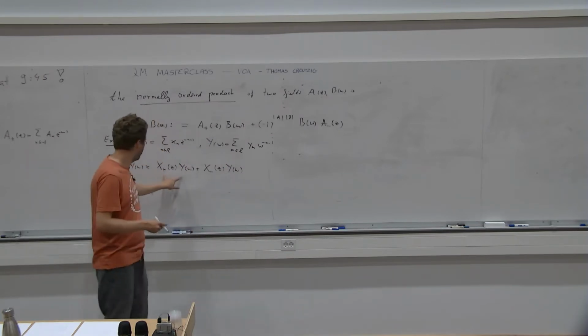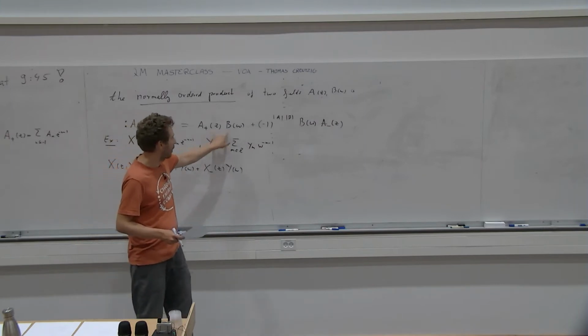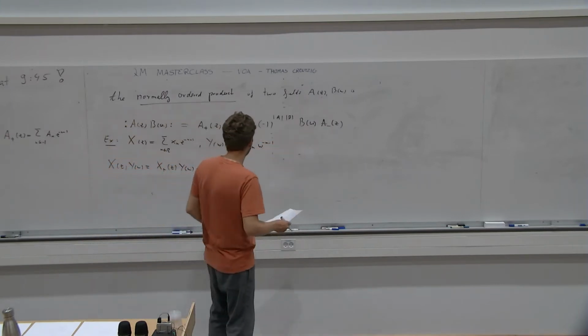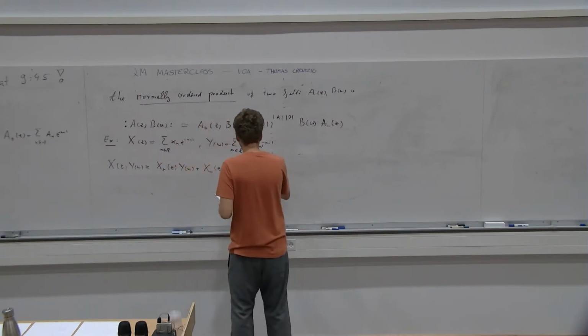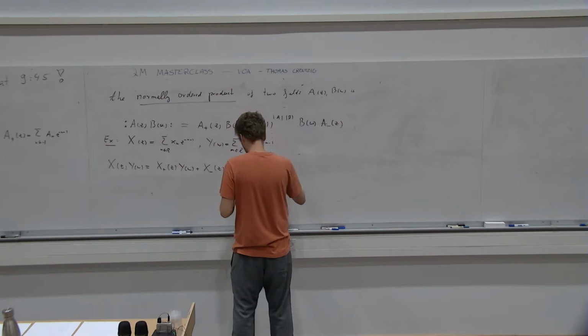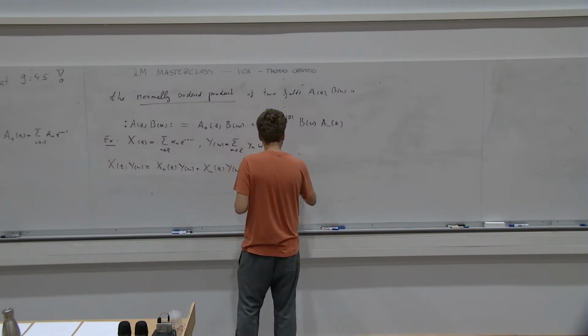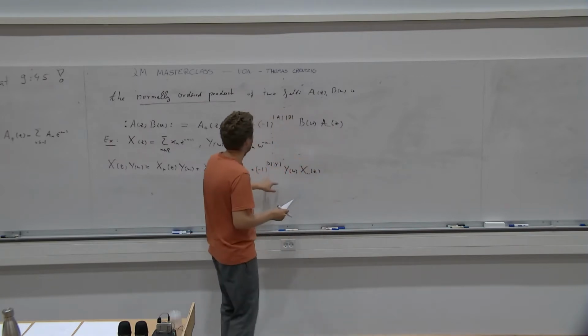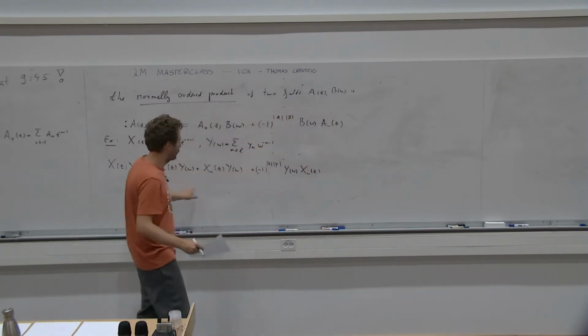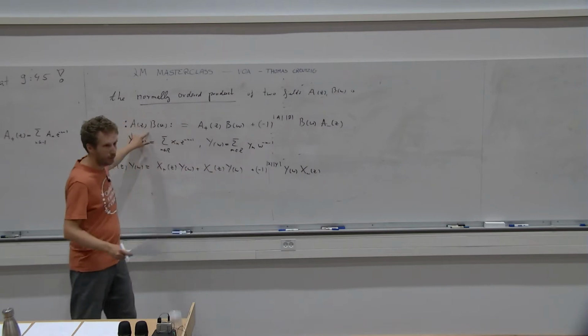So here I already have the first term. Now I would like to have this one as well, so I add it and subtract it again. Here I add exactly what I need so that these two summands combine to the normally ordered product.